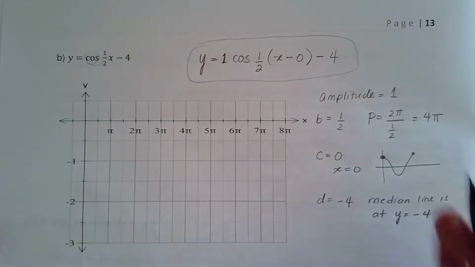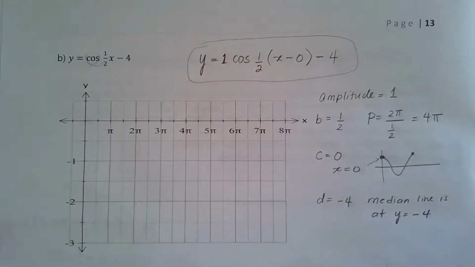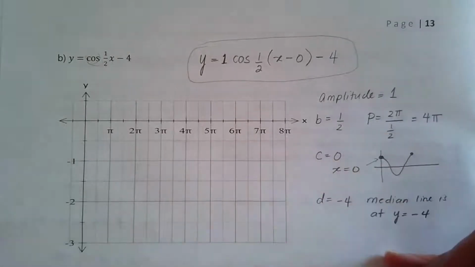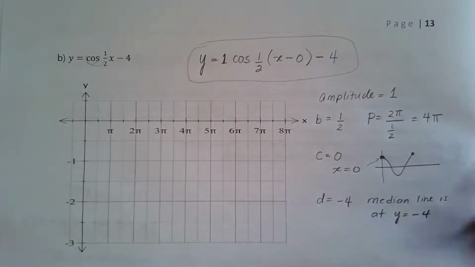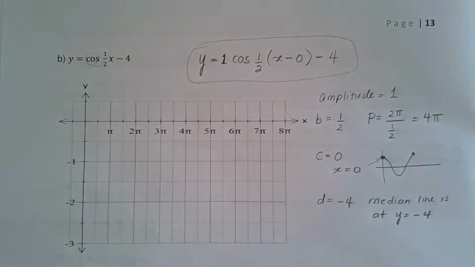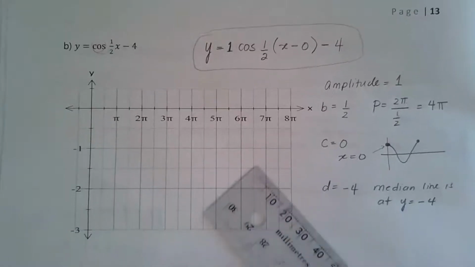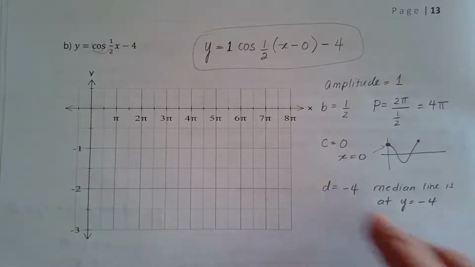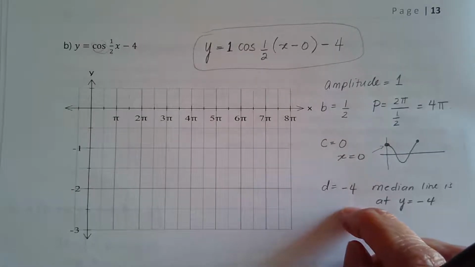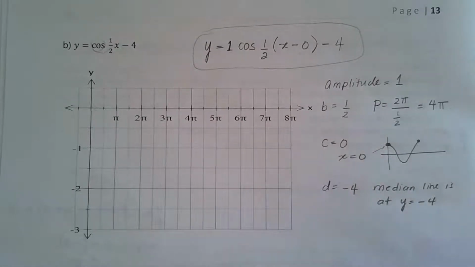And then its vertical shift is -4, so it will bring everything down by 4. Oops. So what did we do? I start off with the vertical shift, -4.